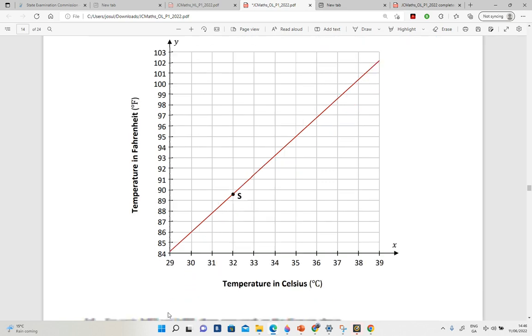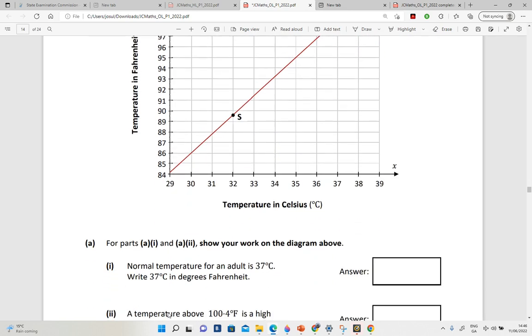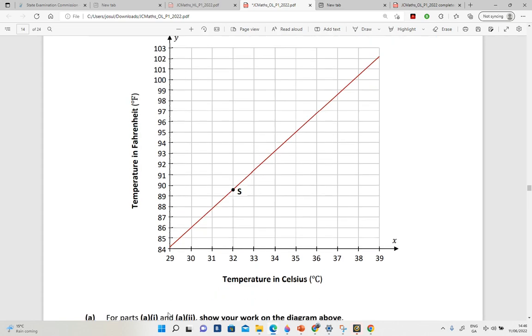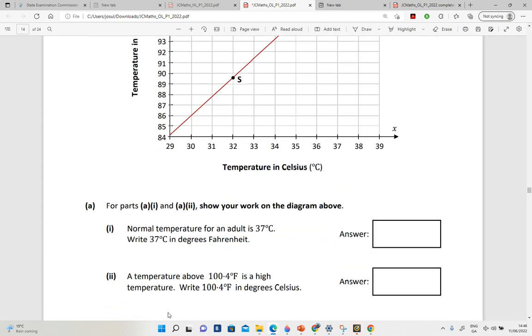84.29, roughly. Okay, so for part A and A1 and A2, they want you to show your work on the diagram. So you should use the diagram for that. Okay, so they want you to convert the normal temperature for an adult, which is 37, you can see here.